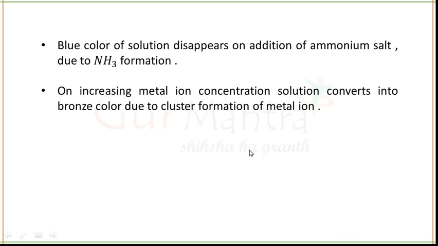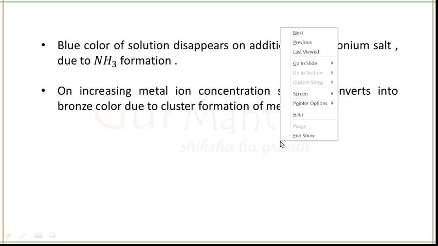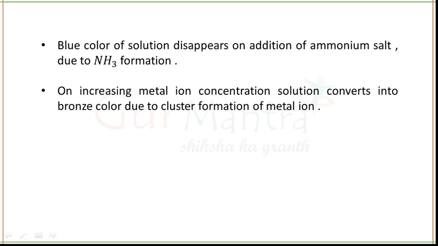And when you increase the metal ion concentration, it will convert into a bronze color due to the cluster formation. So now I hope you are all clear about the group 2 elements. We have seen physical properties, chemical properties and a general overview of group 2 alkaline earth metals.